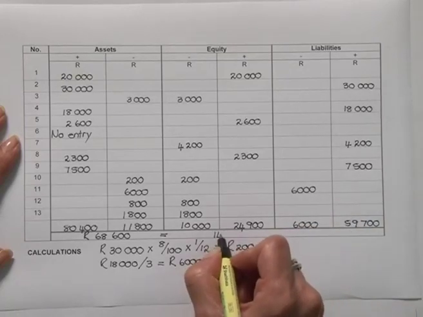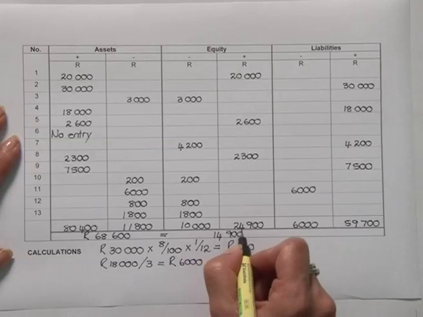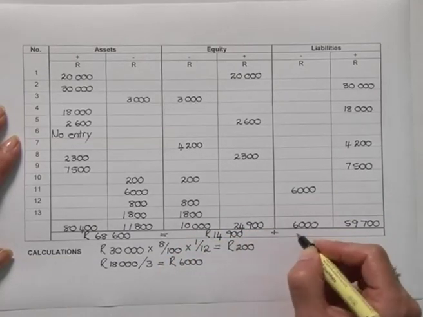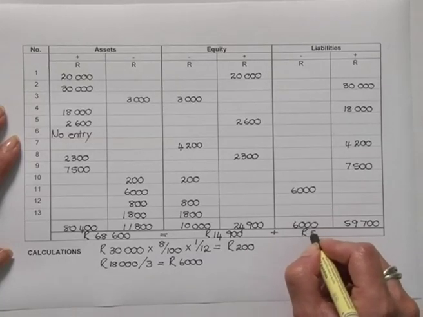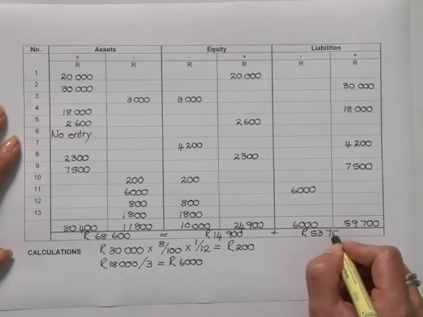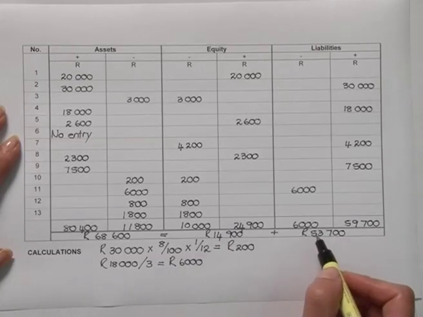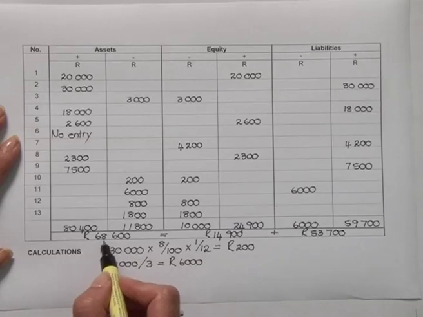For equity, I will have 14,900, if I took the positives minus the negatives, and for liabilities, 53,700. And the two amounts on the credit side's increase will be equal to the assets of 68,600.